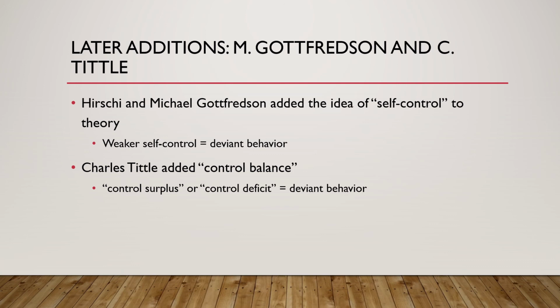Either control surplus, meaning you have too much control over other people, or control deficit, where you have too little control over other people and they have too much control over you. Either one of those ways of being out of balance is going to cause deviant behavior.